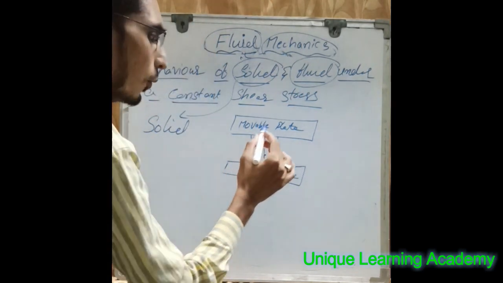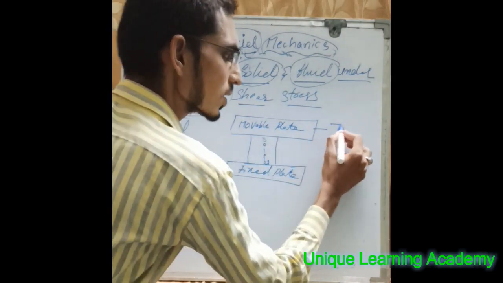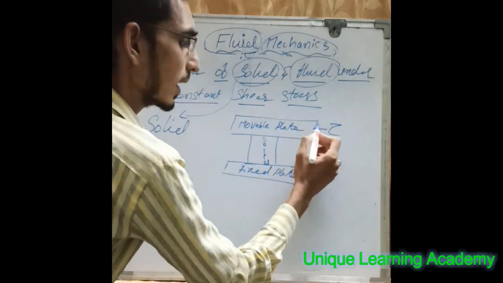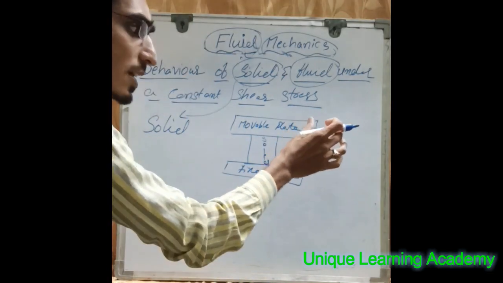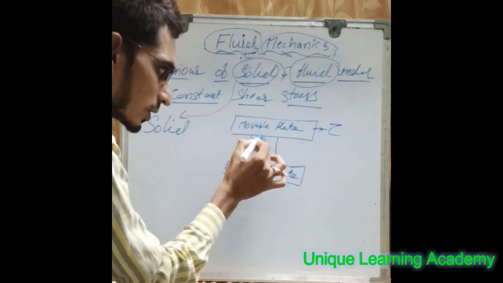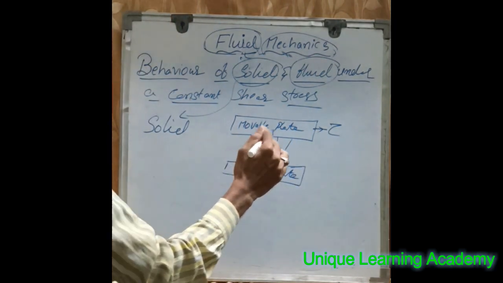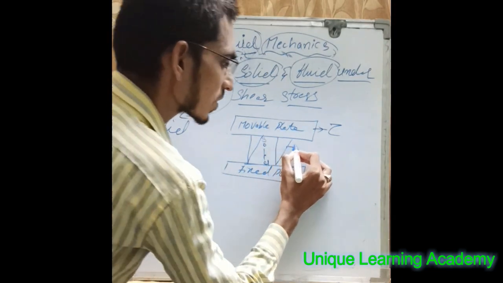When we apply a shear stress, represented as tau, to the movable plate, it is going to move in this fashion. This is what we call a deformed position.